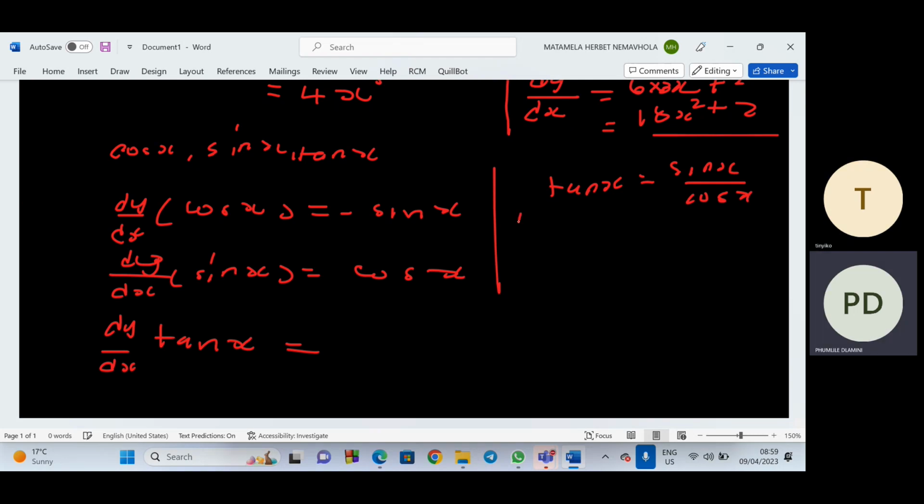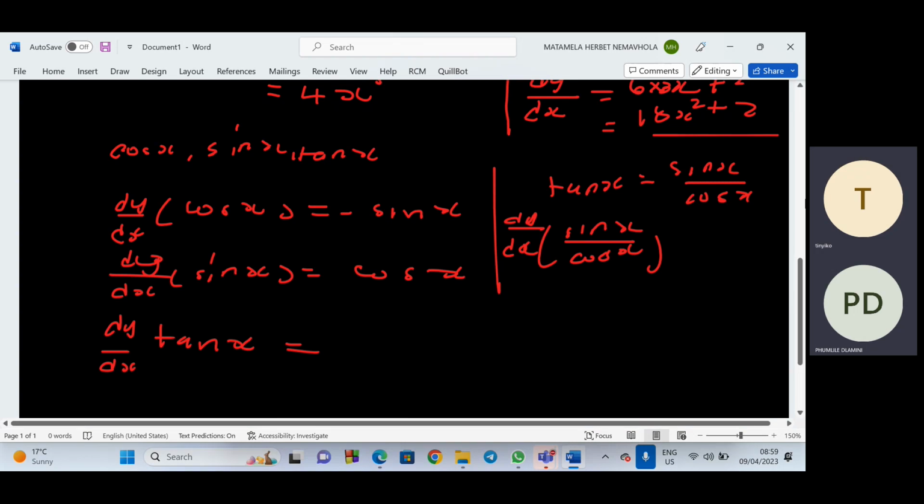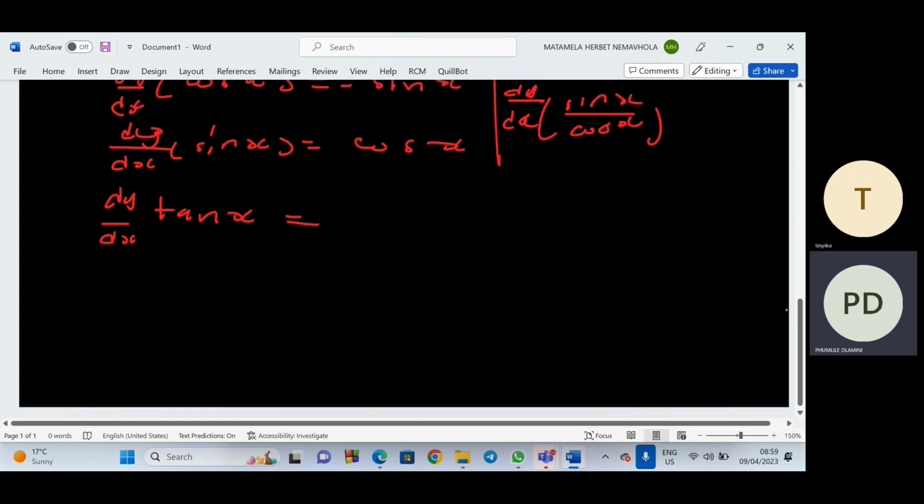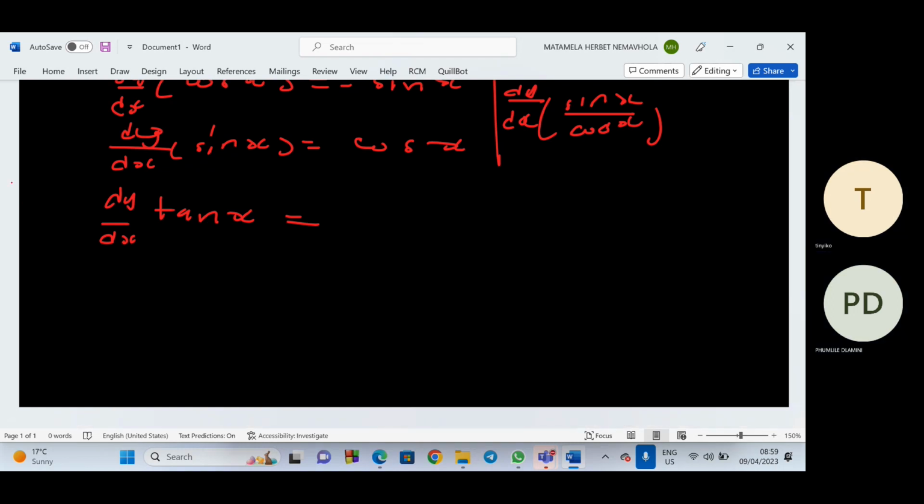So we are differentiating sin of x over cos of x. Differentiating this takes me to some other rules, whereby I have to introduce you to rules called the product rule, the quotient rule and the chain rule.